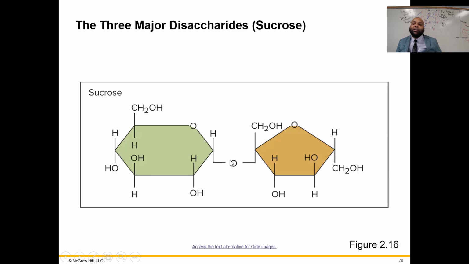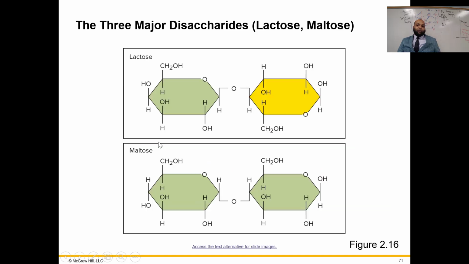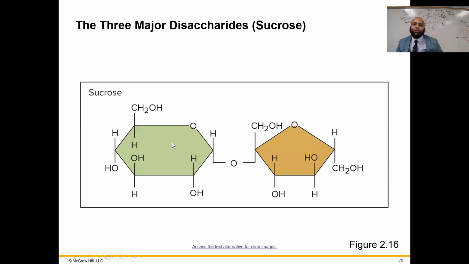This bond in the middle that links the glucose with the fructose is called the glycosidic bond.